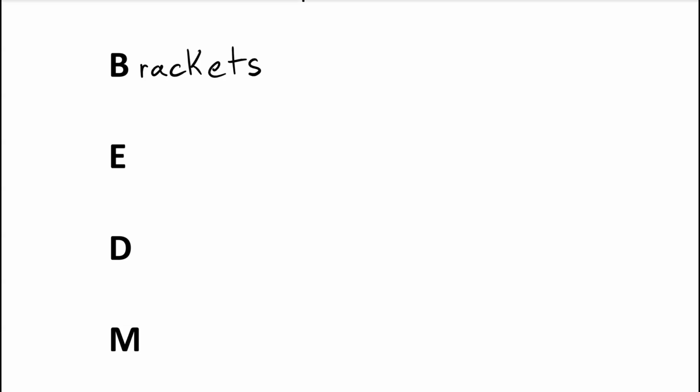Now the next thing that we're going to be looking at is exponents. And we were previously working on exponents in the last lesson. Following exponents is division and multiplication. An important thing to note for division and multiplication is that it's always going to be whichever comes first in the order of left to right.